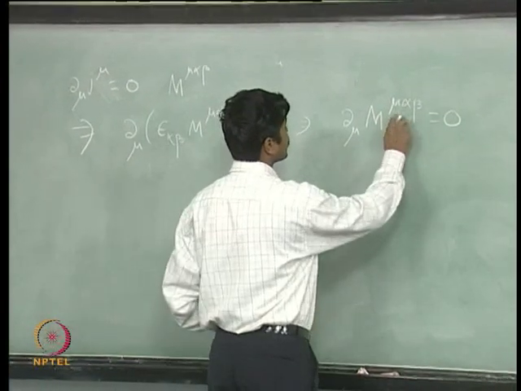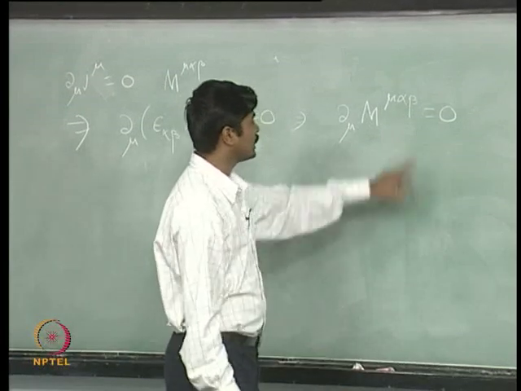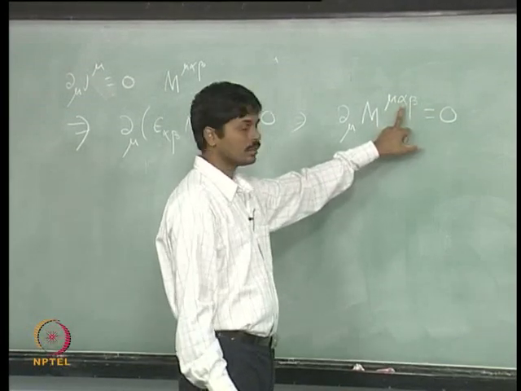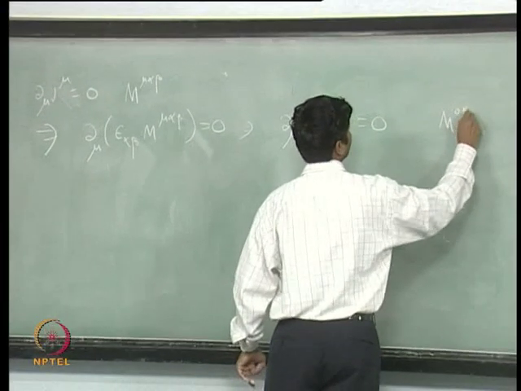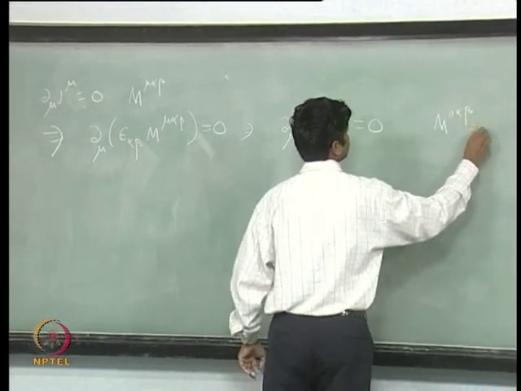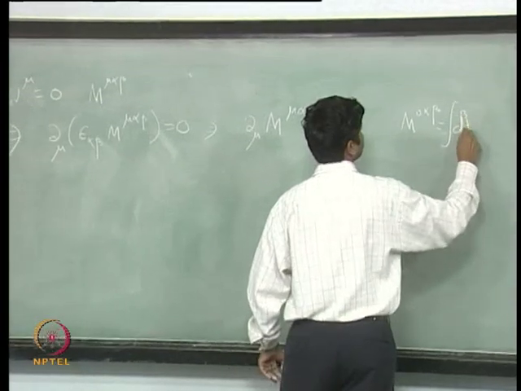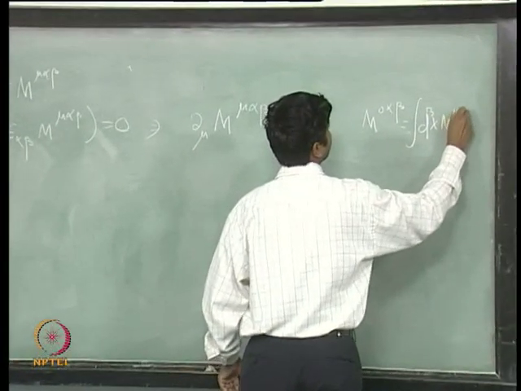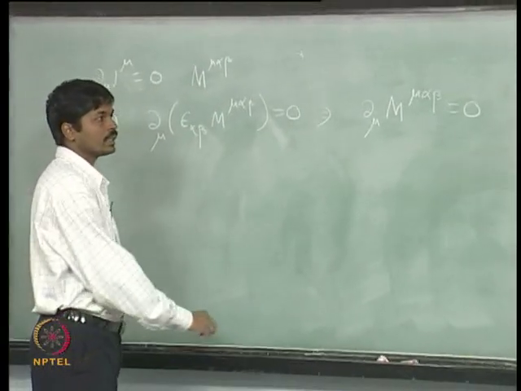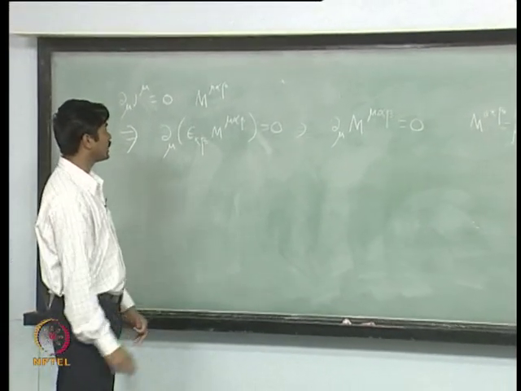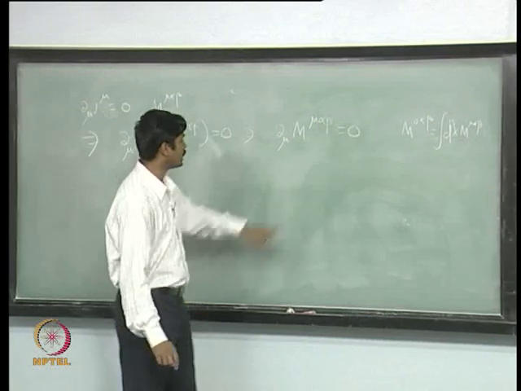So what we get is actually a set of 6 conserved quantities which are denoted by M0 alpha beta, which is the integral d cube x M mu alpha beta. These are the quantities which are conserved as a consequence of Lorentz invariance. What is M mu alpha beta?